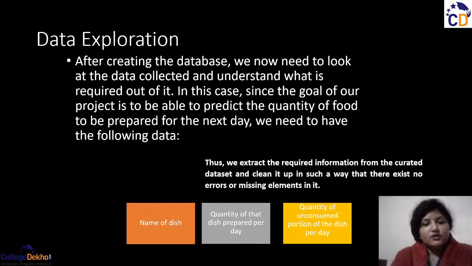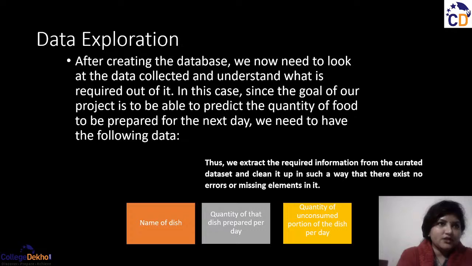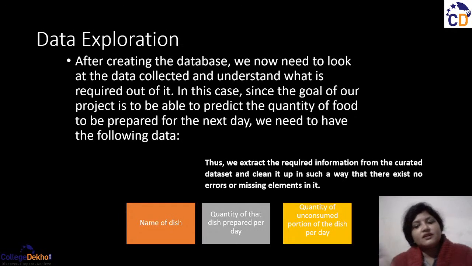What are those? Name of the dish, quantity of that dish prepared per day, and quantity of the unconsumed portion of that dish per day. So now you need to maintain one database where you write the name of the dish, the quantity to be prepared per day, and how much of it is left, the quantity of the unconsumed portion of that dish per day, right? So starting with a huge problem, coming to the smallest one.